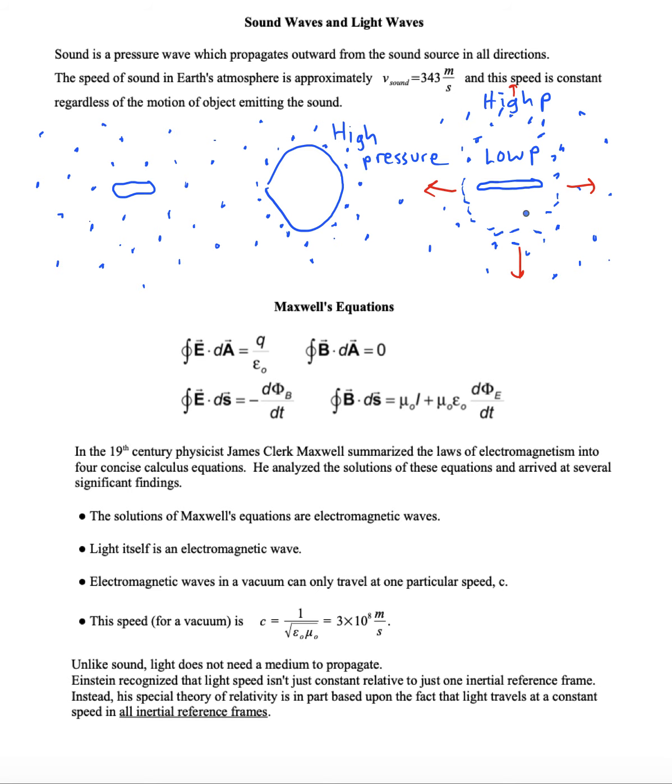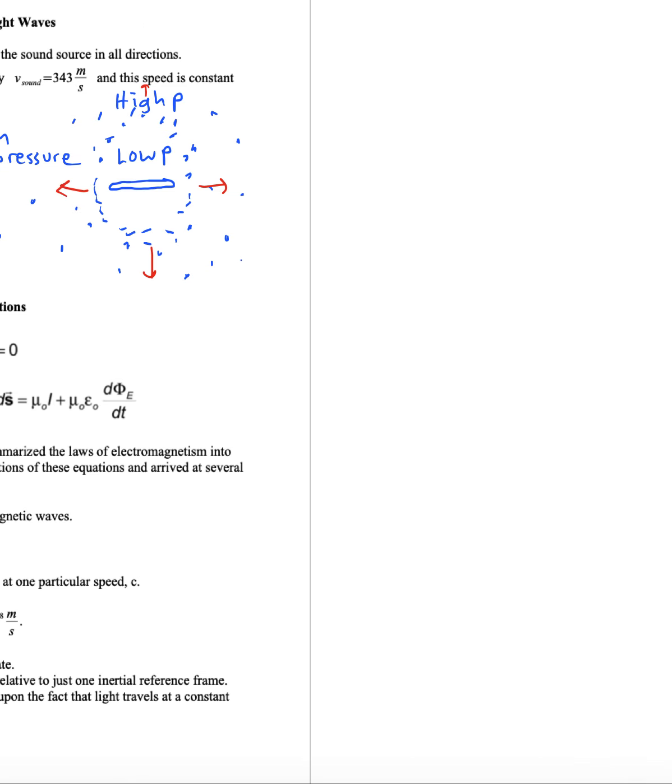So as they bump into particles around themselves, we'll get a spreading out of rings of pressure around the object that's oscillating. So there's a high pressure ring. Out here we can have a high pressure ring. And so on.